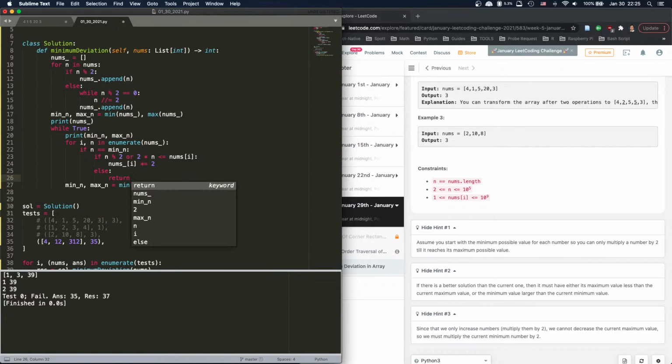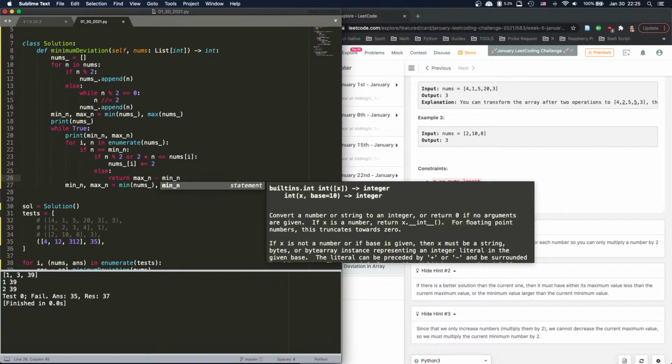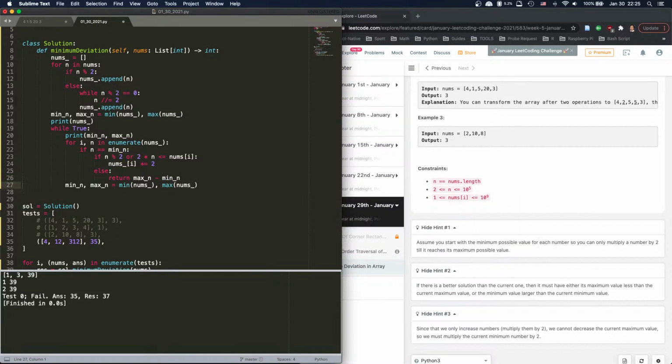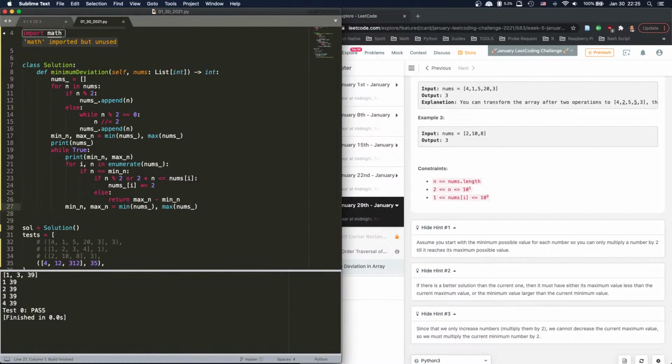So which means we cannot. So which means it's an even number and it breaks. So we're going to return max n minus min n. Then we pass, right?